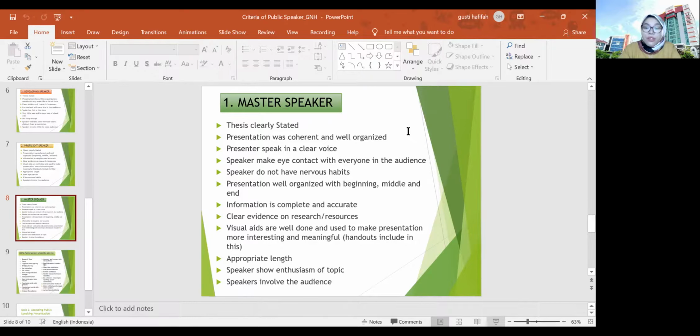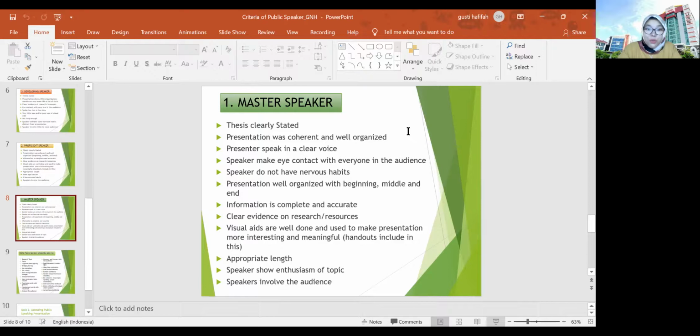The speaker does not have nervous habits. The presentation is well organized with a beginning, middle, and end. Information is delivered completely and accurately, and it has clear evidence on research and also resources. Visual aids are well done and used to make the presentation more interesting and meaningful.